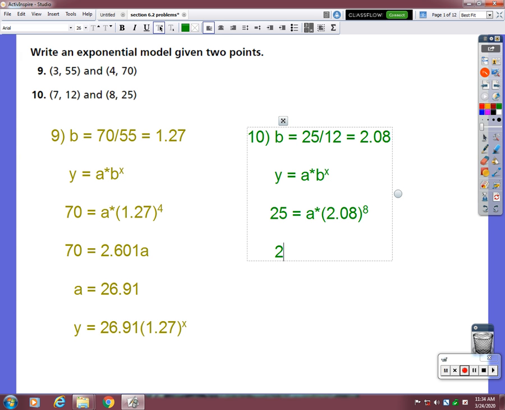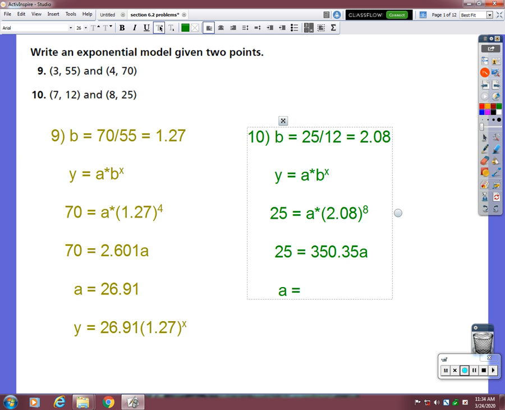So 25 equals 350.35 times a. So to figure out what a is, I divide 25 by that.